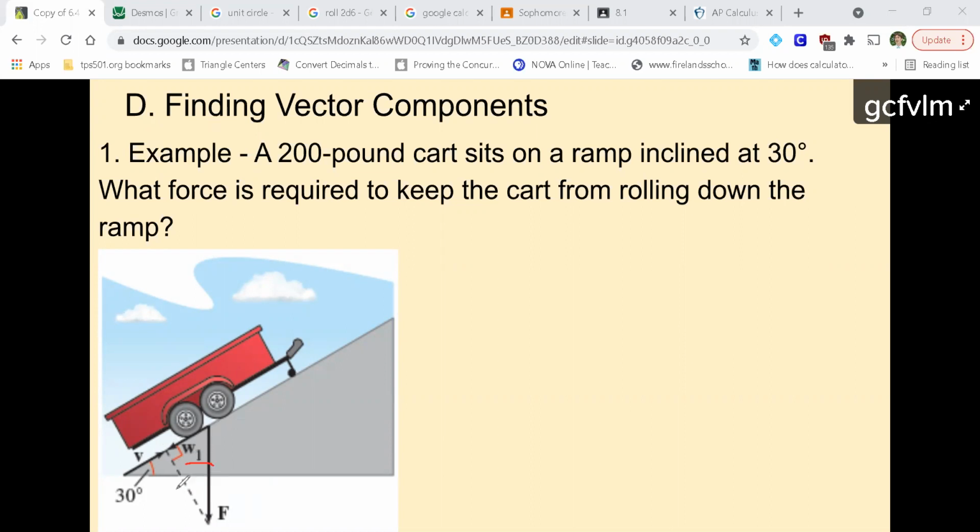So I have a right triangle here, and I know that its hypotenuse, this force due to gravity, is 200 pounds. So the length on this side of the right triangle is 200. What I want to find is the parallel component here, W1. And to do that, I need an angle inside this triangle.